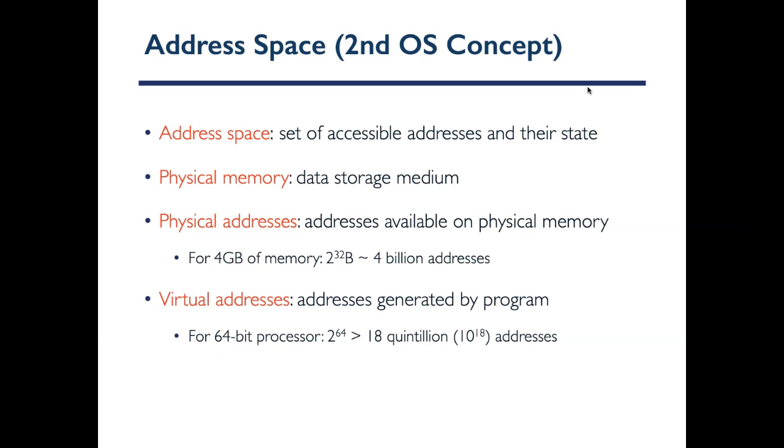This is basically a set of addresses that are generated by a program. Now, this depends on your processor. If you have a 64-bit processor, your programs running on this processor could potentially create 2 to the 64 different addresses. That is more than 18 quintillion addresses, 10 to the 18. I had to search Google to get this quintillion.